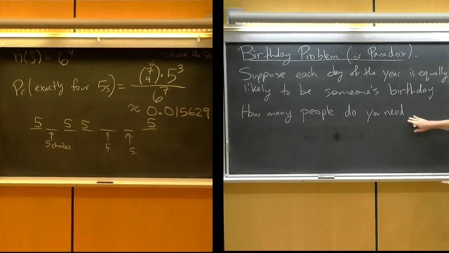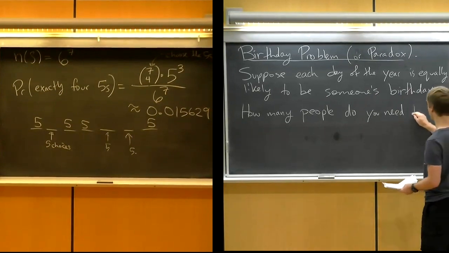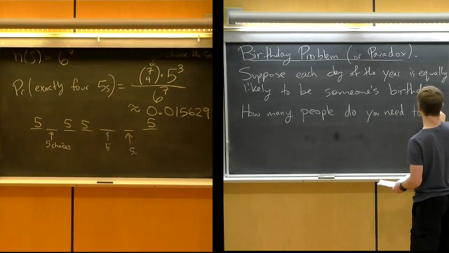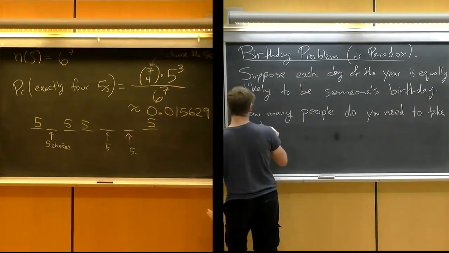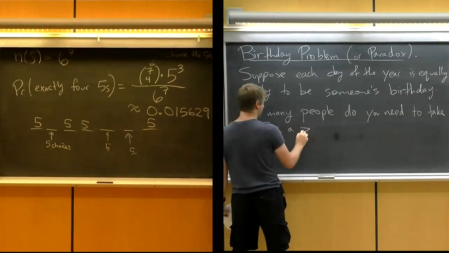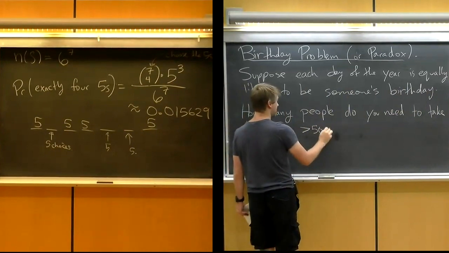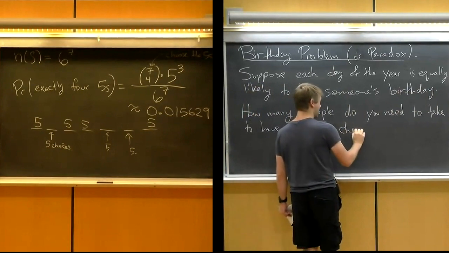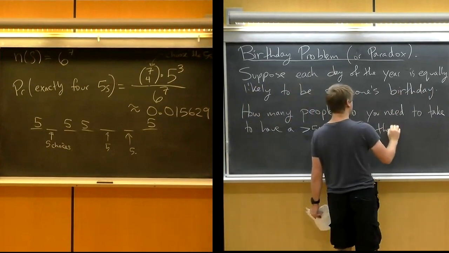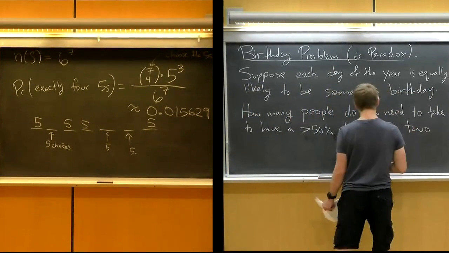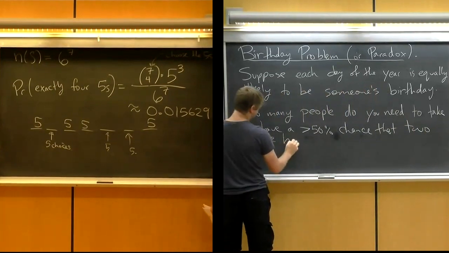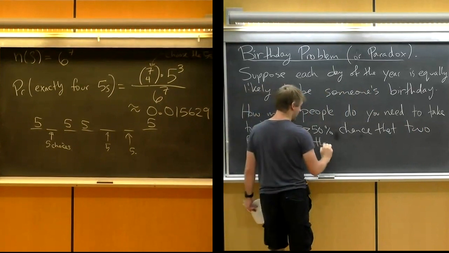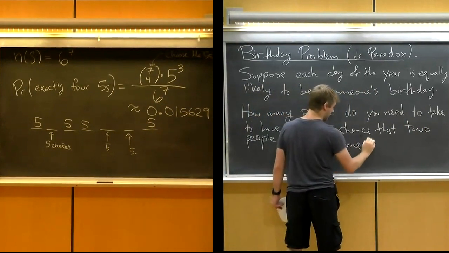How many people would I need to pick to have a bigger than 50% chance that two people have the same birthday?